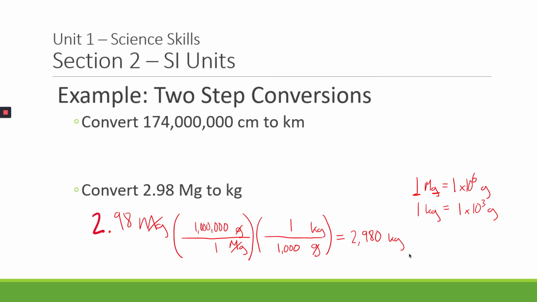Let's check on the old handy dandy calculator because my brain is not functioning at full capacity right now. 2.98 times a million divided by 1,000 is 2,980. All right, did that right. So that is your correct conversion from megagrams to kilograms.